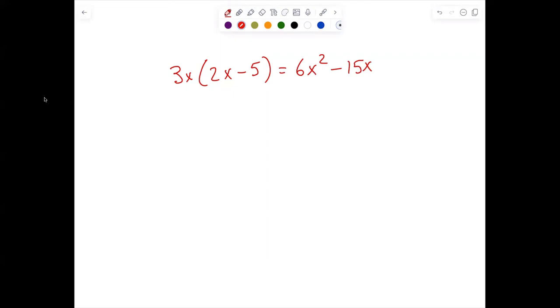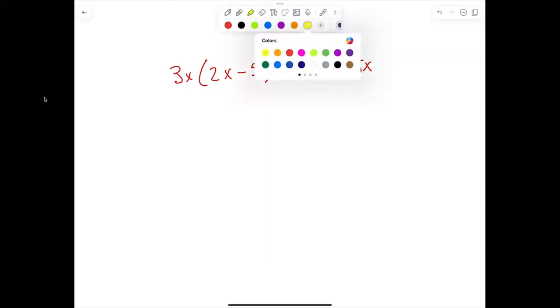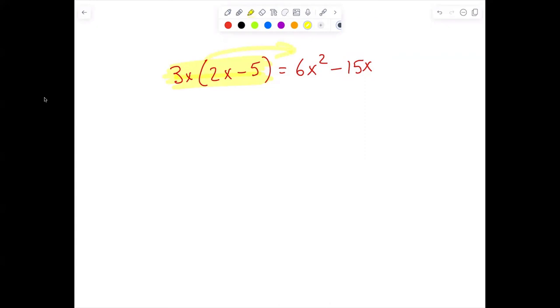So now the key is that we are taking this. That's what we started with, and we ended up with this. Now what I'm asking you is: if 6x squared minus 15x is your binomial, I need you to undo the distributive property.